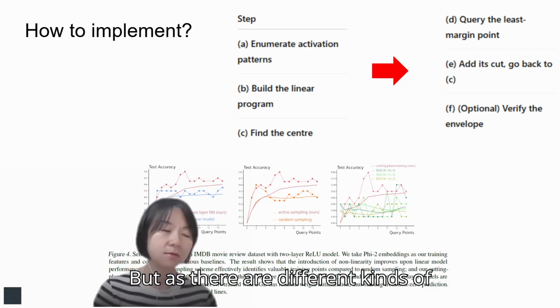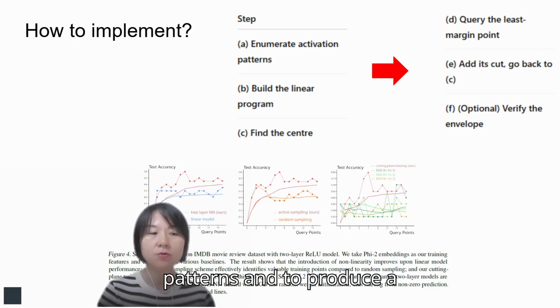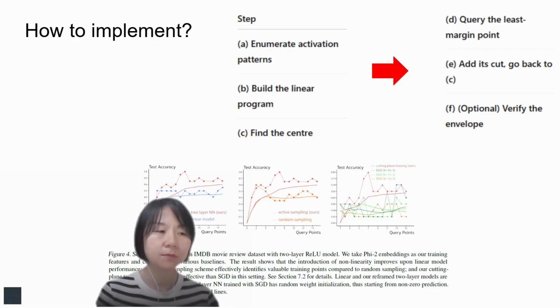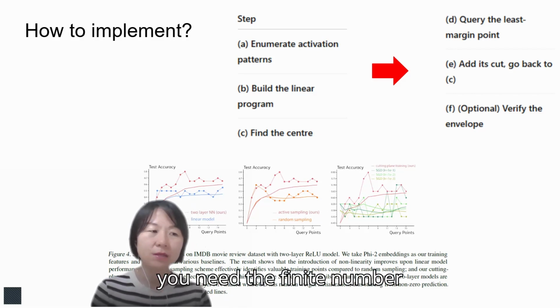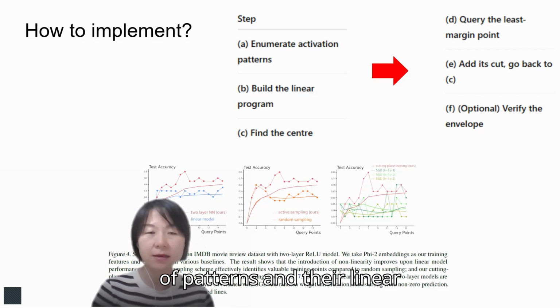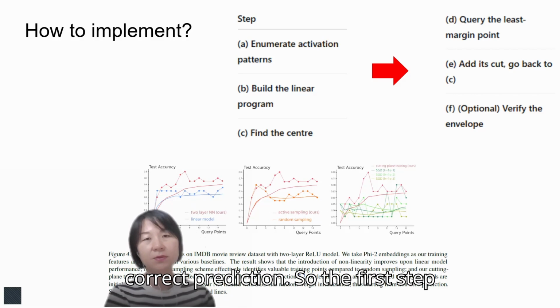But there are different kinds of patterns, and to produce a complete, accurate output, you need a finite number of patterns, and their linear combination can give you the correct prediction.